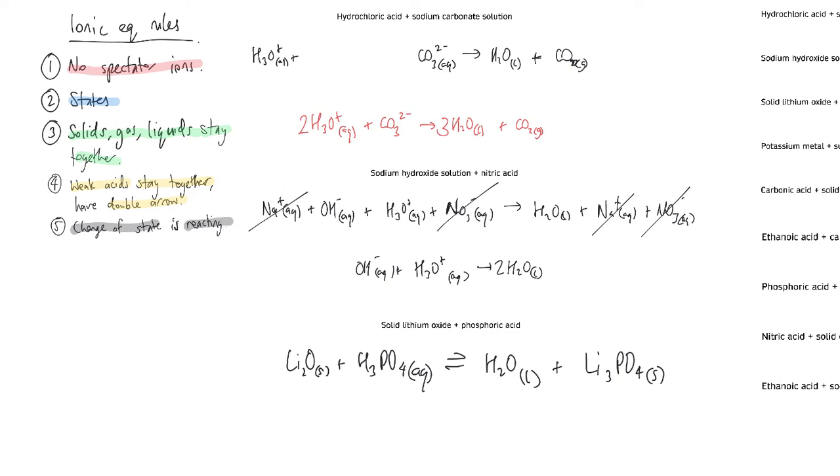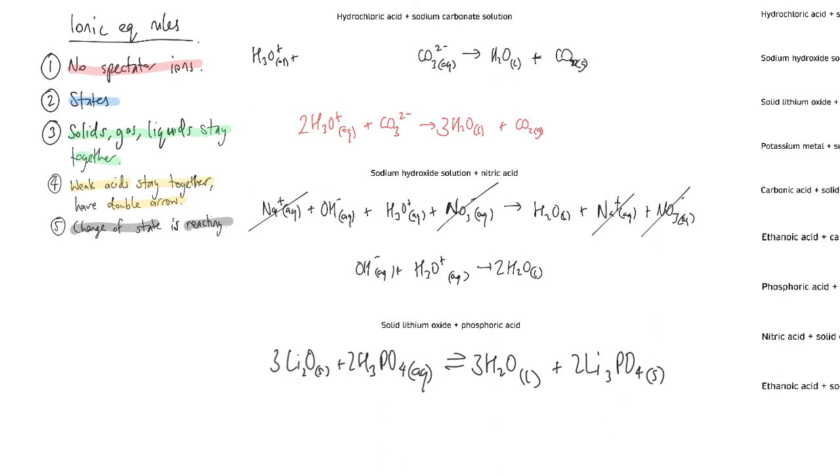That means that nothing there is a spectator ion. All of the things are taking part, so we can balance this equation by doing that and that and that, and that will be that equation there. So you should look at it and say, I know it's a solid, I know that's a weak acid, I know that the salt is going to be insoluble, so I should write out those three things as one piece, and then the water there is also formed.